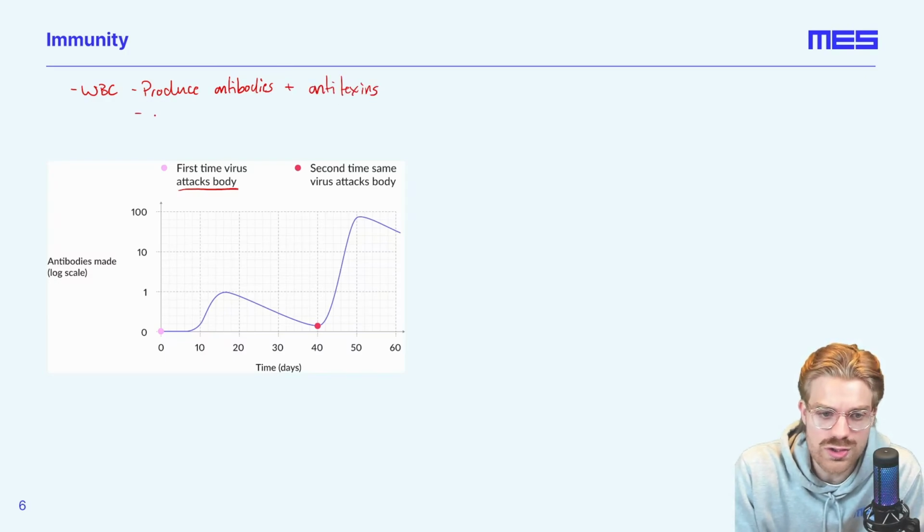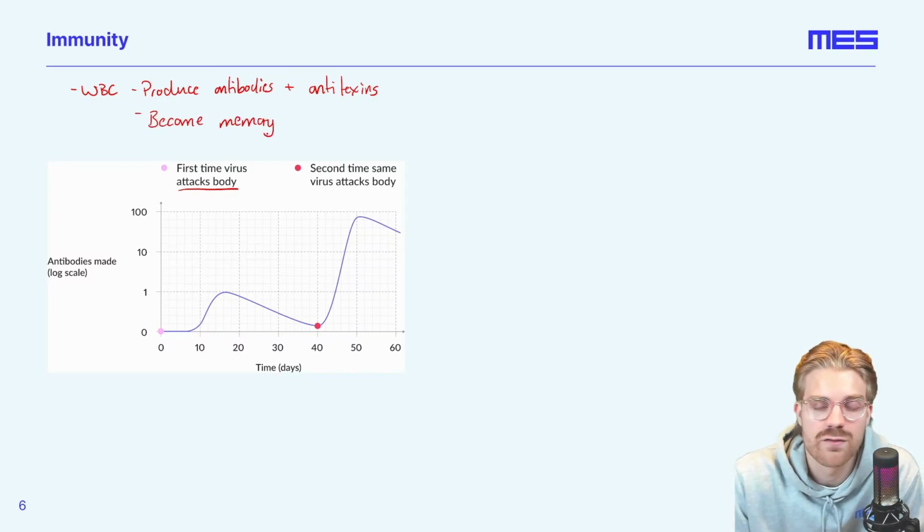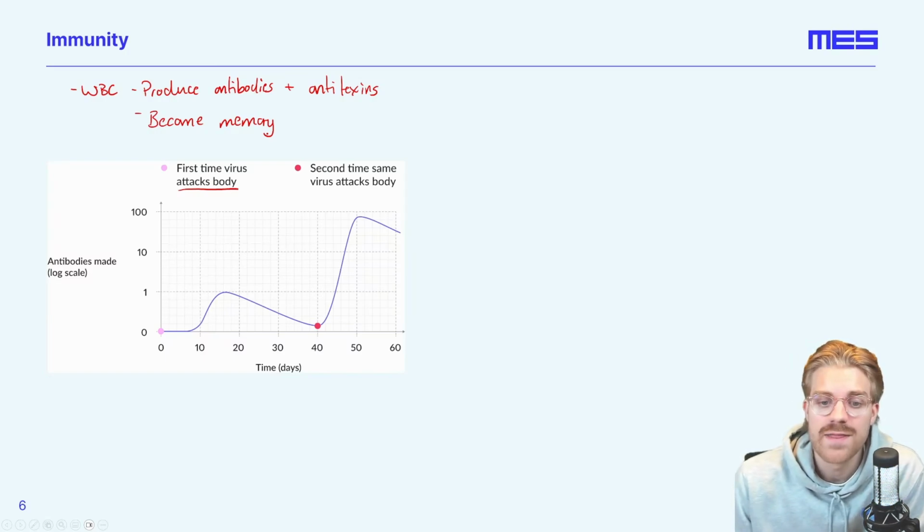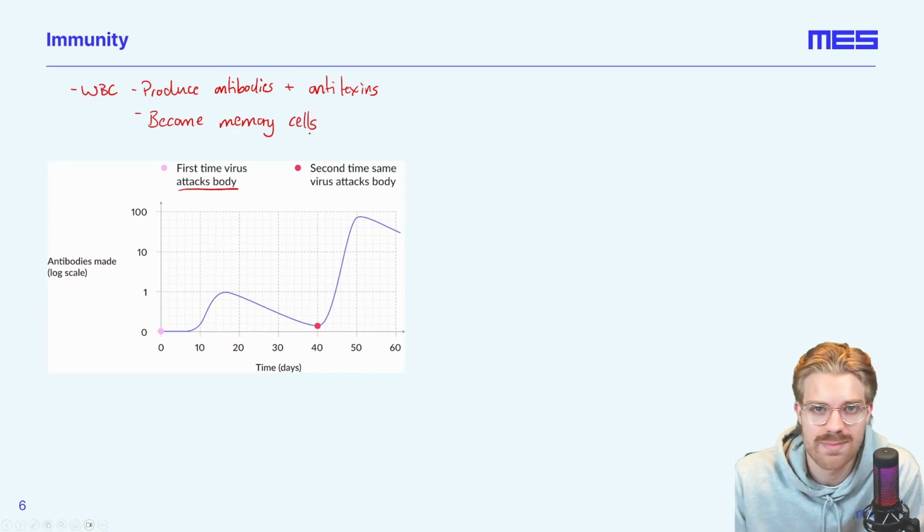They will also become memory cells. Now, these memory cells will remain in the blood for a very long period of time. Sometimes it might be months, sometimes it might be years even. These memory cells, they are then able to recognize the pathogens. The antigens on those pathogens, they are like the team colors that a football team wears.